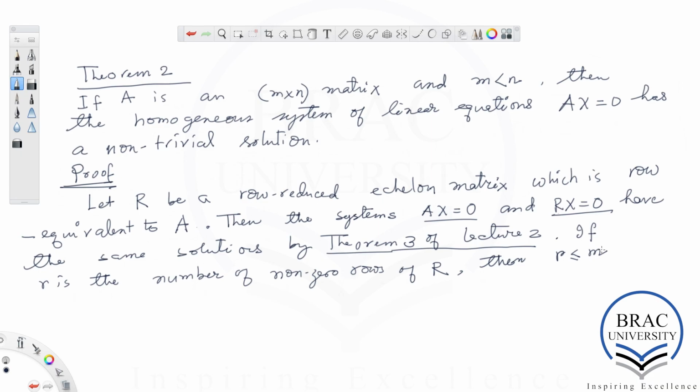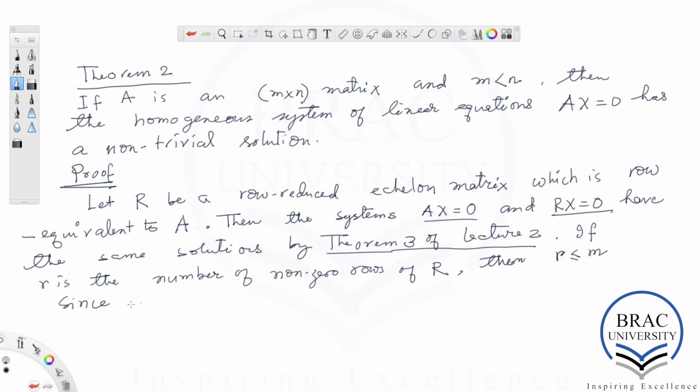It cannot exceed m, because m is the number of rows of the original matrix.